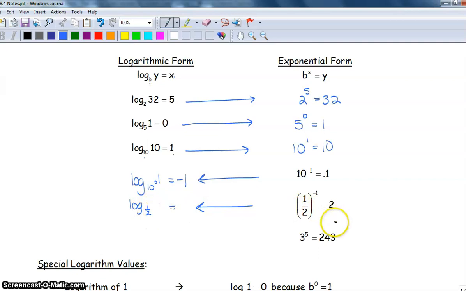It's set equal to whatever your exponent is, so that's equal to a negative 1 again. Our base is 3. We're raising it to the fifth power, so that's what we set it equal to, and this is 243. So know how to go from logarithmic to exponential and from exponential to logarithmic.